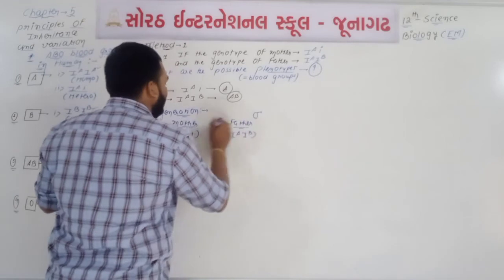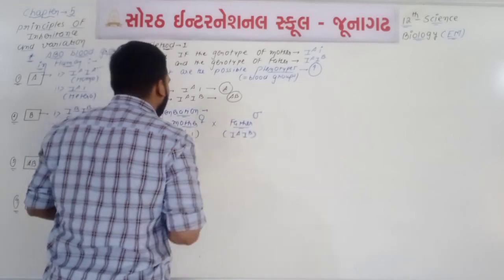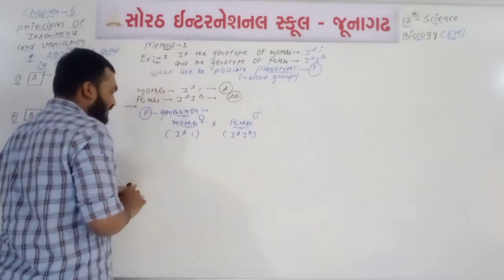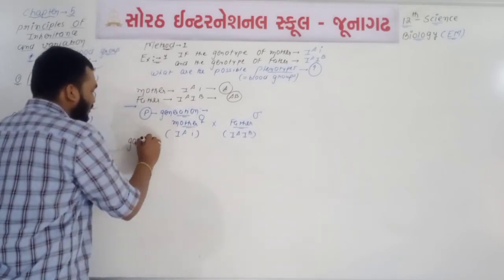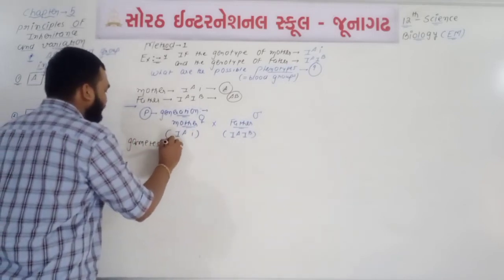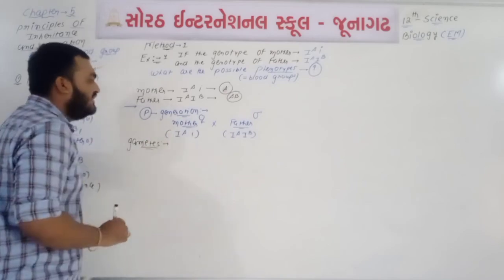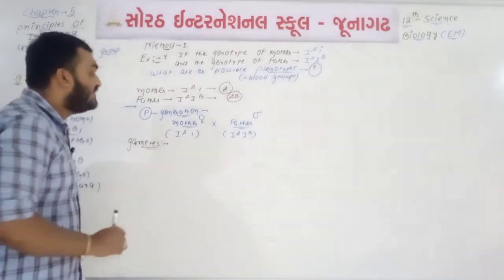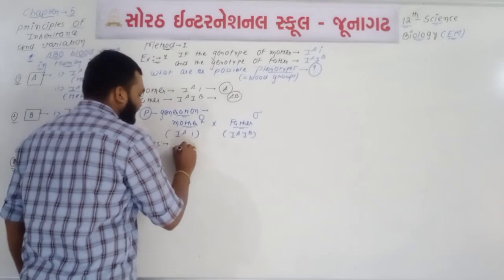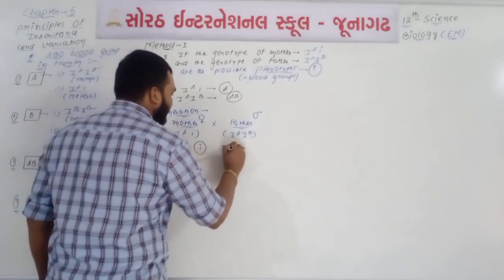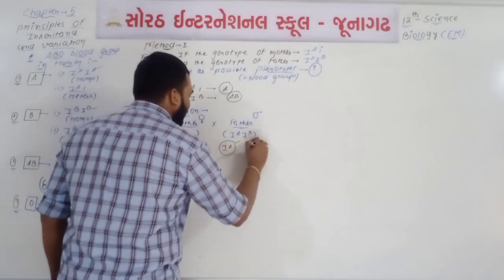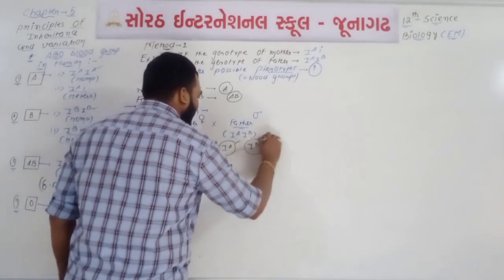Okay, you are going to use this type of sign for male and female. Now if we talk about the gametes, both are heterozygous, so heterozygous will produce different types of gametes but in the same number. So here 50% I^A, 50% small i, and here 50% I^A and 50% I^B.